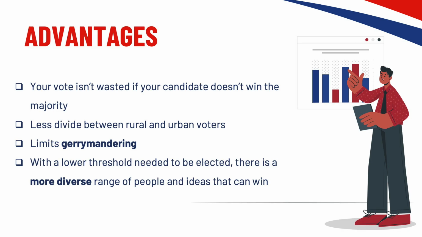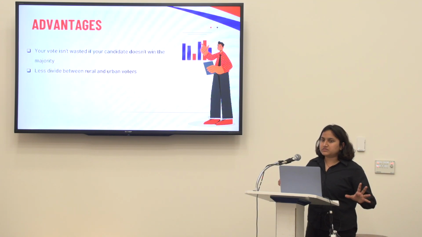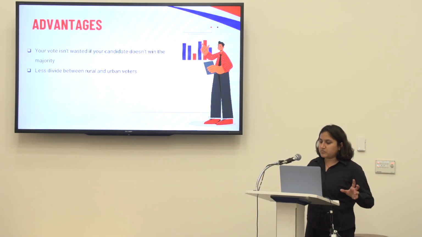Some other advantages are that your vote isn't wasted if your candidate doesn't win the majority, because your vote could still be counted. And there's less divide between rural and urban voters, because urban states tend to have a certain party winning, and rural states tend to have a certain party winning.